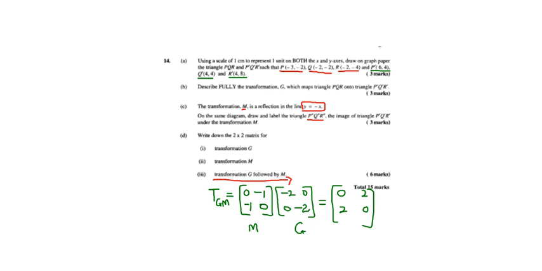Here's what I would want you all to do, something you could do after class. Attempt the transformation on the original triangle PQR using this transformation matrix and see what you get. Then I want you to do G by M instead.